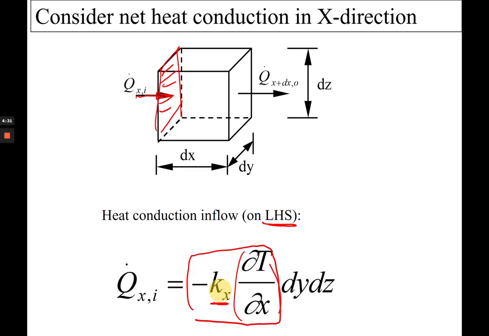Thermal conductivity might change in different directions, but for now let's say we're dealing with the x direction. That's the heat going into the body from the left-hand side per unit area.